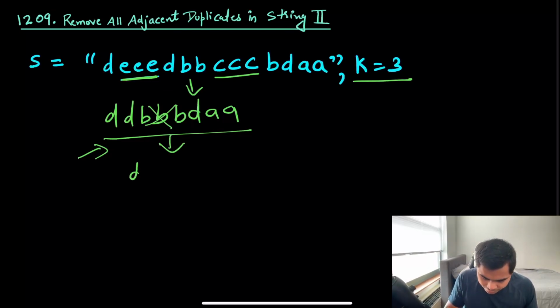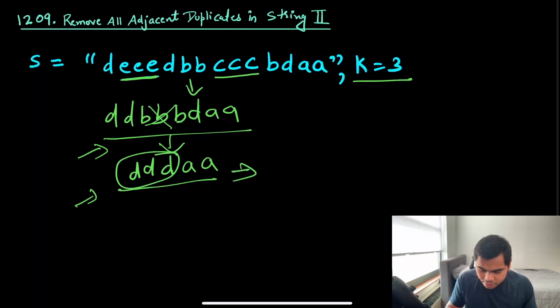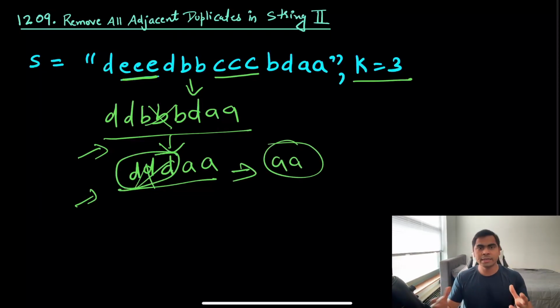Then we get D, D, D, A, A. Again we perform the same thing. We see triple D over here, and after deleting those we get AA. That is our final string, since you cannot see any more k same letters to remove from AA. So that is our final answer.